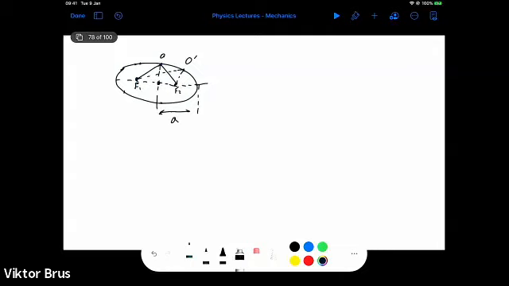This distance from the center to the edge is called A, which is the semi-major axis.